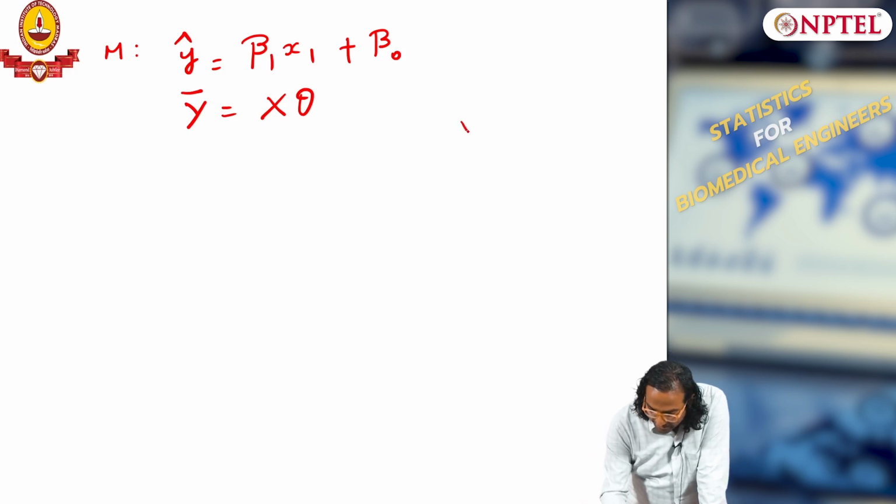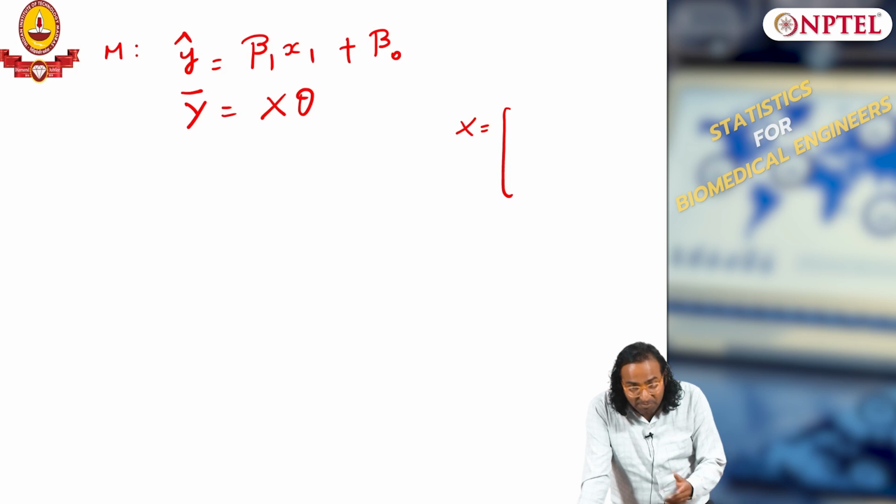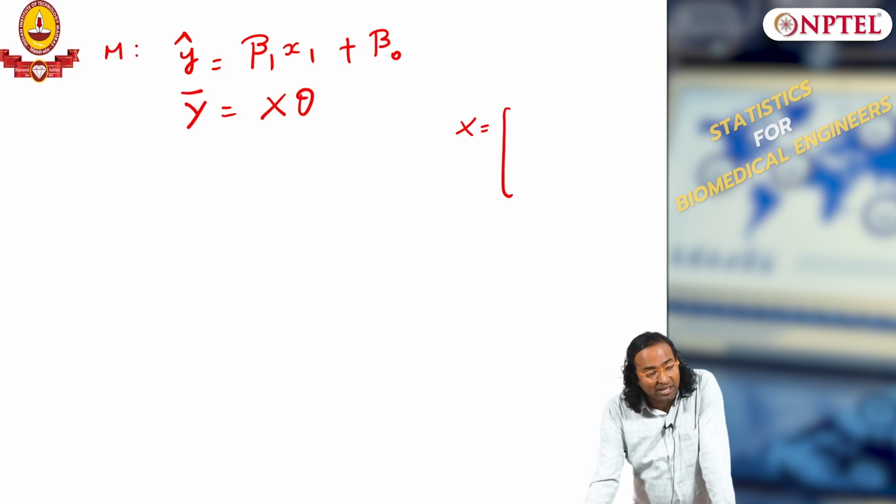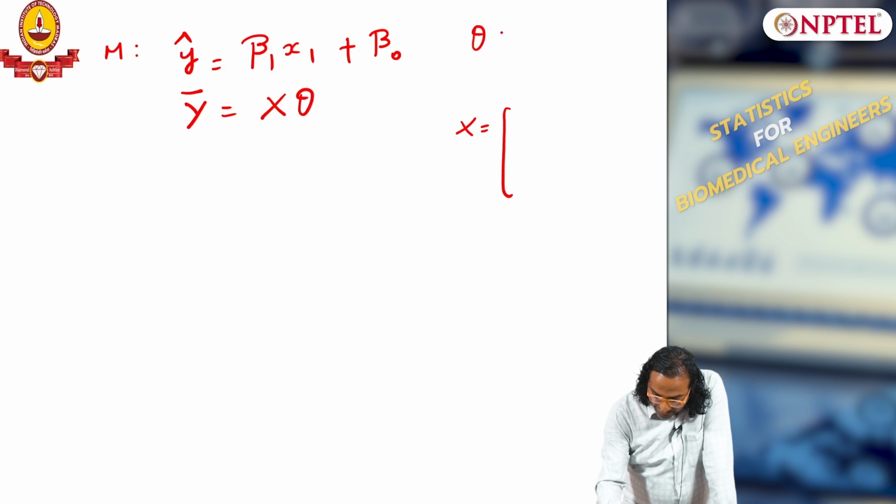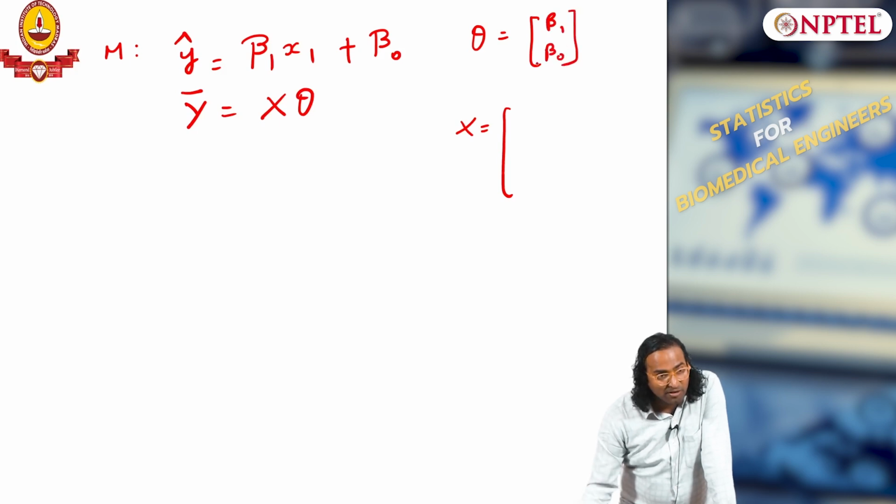What is your capital X? In this simple example, y equals beta 1 x1 plus beta naught. If I want to write it in a compact form, like a matrix or a vector, what is theta first? Let us write theta. What is theta? Beta 1 and beta naught.